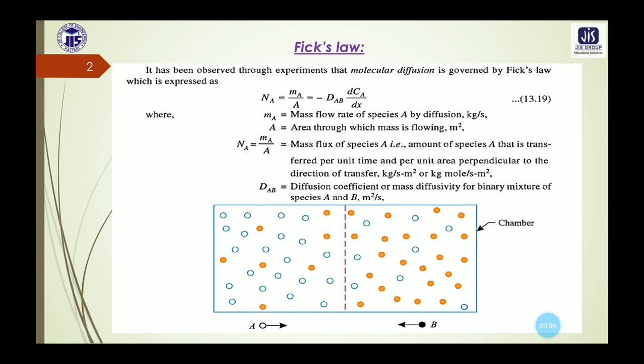It was actually the transport of mass on a macroscopic level as a result of diffusion from a region of high concentration to a low concentration region in a system or mixture of liquids or gases. So this is the phenomenon of molecular diffusion.